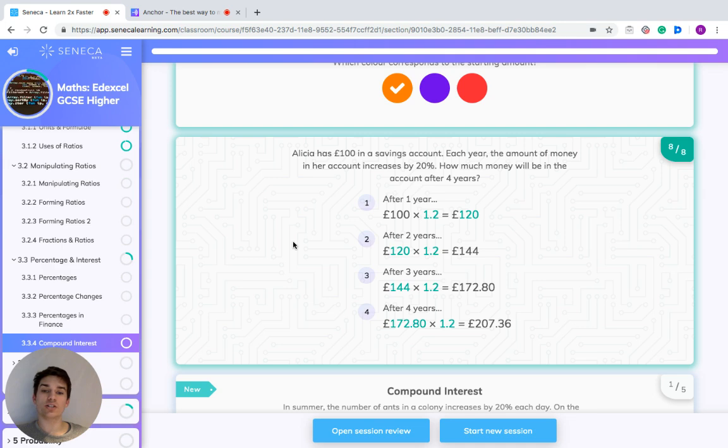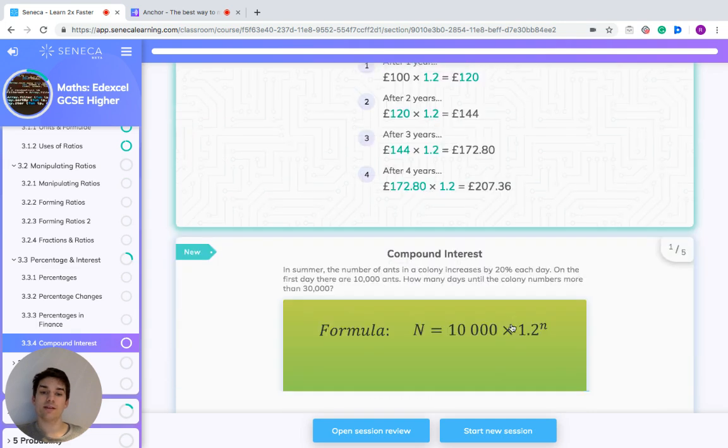Now we know we can just do it really quickly. After 4 years, she can just do £100 times by 1.2, which is the multiplier for a 20% increase, to the power of 4. That will tell us she gets £207.36. I'll be banking with her bank.